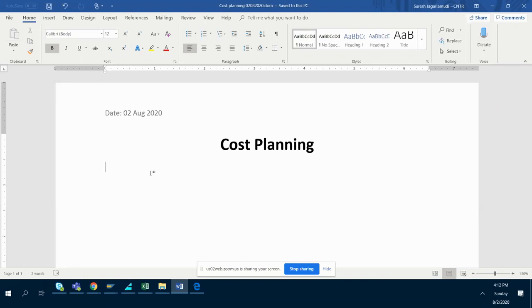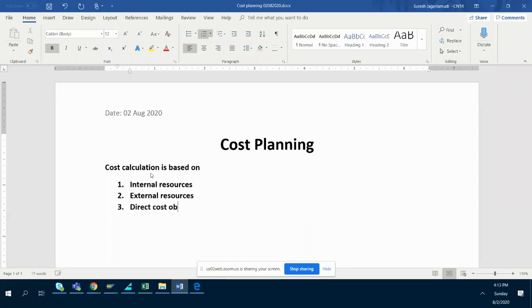The cost calculation is based on the following factors: internal resources, external resources, direct cost objects, and other things we can consider, which are materials.